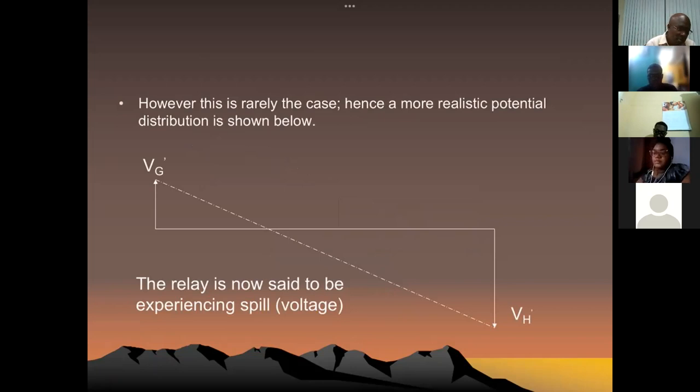So our relay, which remains, for lack of a better word, at the center, would now have a residual voltage across it. And this would occur without a fault being present.